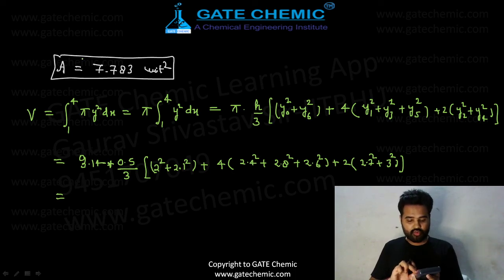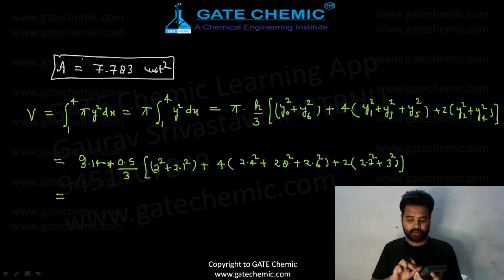So 2 square plus 2.1 square plus 4 into 2.4 square plus 2.8 square plus 2.6 square plus 2 into 2.7 square plus 3 square.